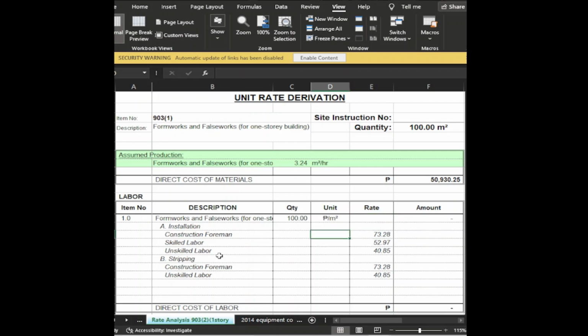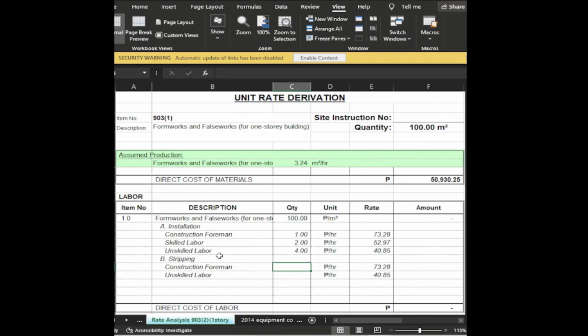So the unit of this one is peso per hour, because this is the labor cost, and we need one foreman for the installation, then two skilled. This is for skilled labor. For our formworks are the carpenters, so the unskilled labor we need 4.